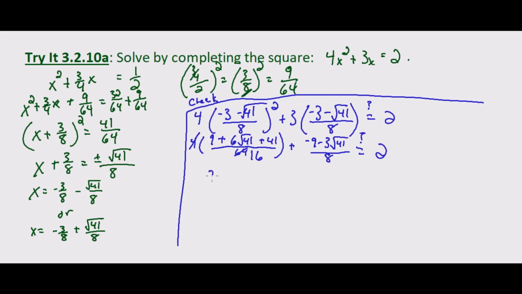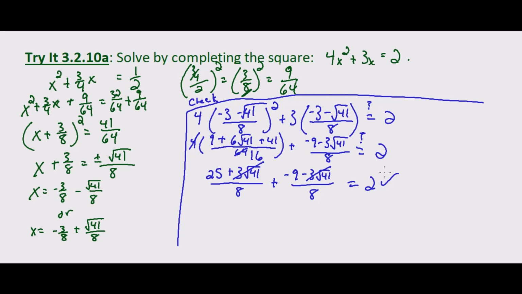Well, that's the same thing if we divide all of them by 2, of 25 plus 3 times the square root of 41 divided by 8 plus negative 9 minus 3 times the square root of 41 over 8. Those share a common denominator, so 3 times the square root of 41 minus 3 times the square root of 41 cancels. 25 minus 9 is 16. Divided by 8 is 2, so this does check.